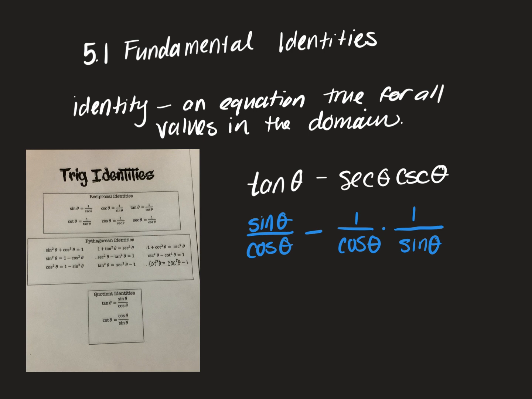So we used that tangent is sine over cosine, secant is 1 over cosine, and cosecant is 1 over sine. We changed all of these by using what's on that sheet. You don't always have to switch to sine and cosine, but this one's telling us to, so that's what we're going to do. Now, how can I simplify this?